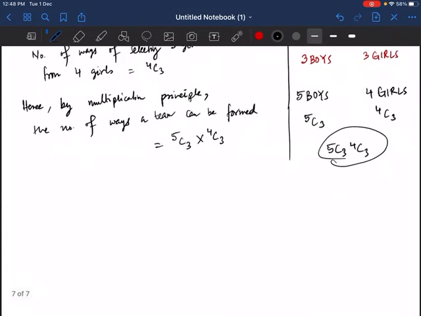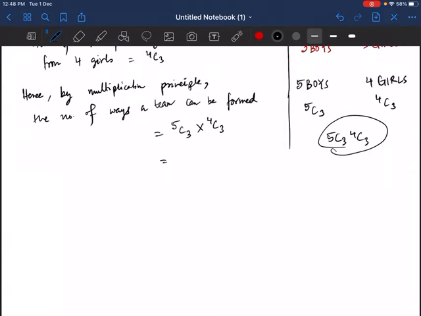Now let's put the value. 5C3, what is that? It is 5 factorial divided by 5 minus 3 factorial, that is 2 factorial, into 3 factorial, and 4C3 is 4 factorial divided by 4 minus 3 factorial, that is 1 factorial, into 3 factorial.